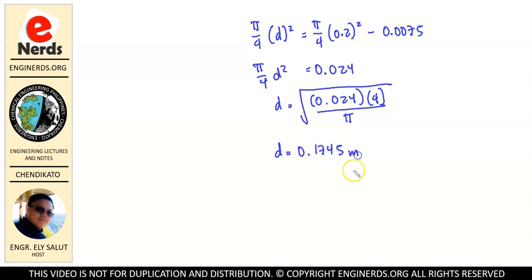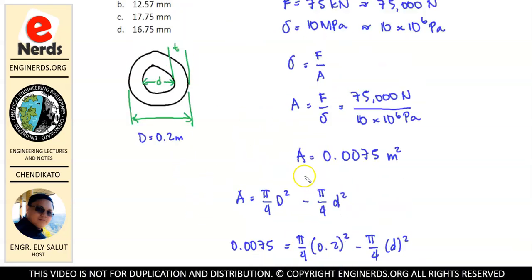So remember that our unit is in meters. Okay? So hindi pa natin nakukuha yung tamang sagot because ang kailangan nating makuha is yung thickness. So dahil given yung total end na diameter natin, yung outside diameter natin, so we're going to add diameter ng inside natin plus 2 thickness dahil meron tayong dalawang thickness dito, ano. So this is also thickness, di ba?